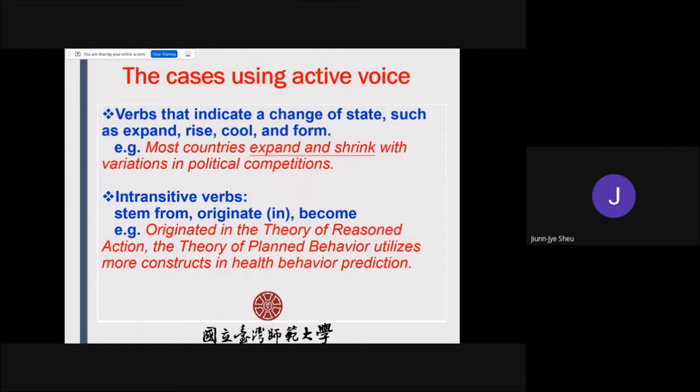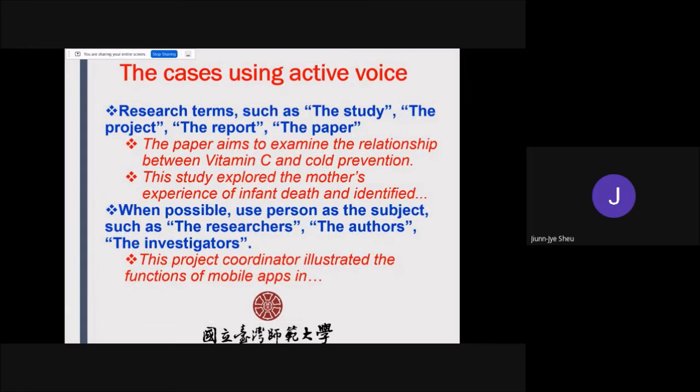The theory of planned behavior utilizes more constructs in health behavior prediction. So you can still use the intransitive verbs, even though it's two words instead of one, but that's the way it is. That is still good to use for active voice.